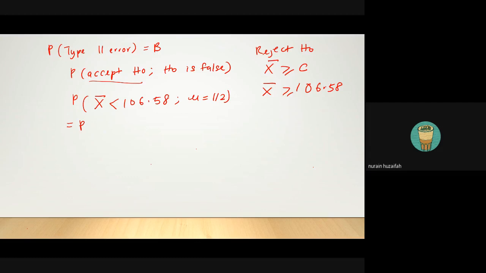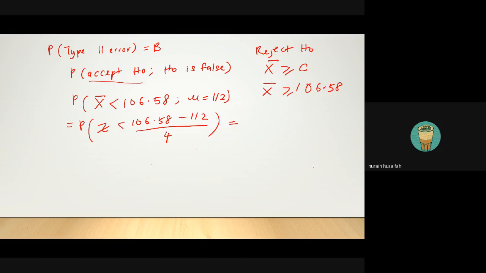If let's say it were greater than only, here it should be less than or equal. Okay, but since we have X bar greater than or equal, so accept H0 is X bar less than. So change to Z. So 106.58 minus mu 112, again the same sigma square and so on. So divide by 4, you will get your answer.